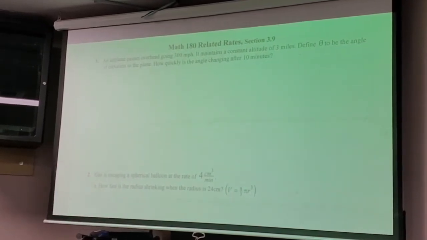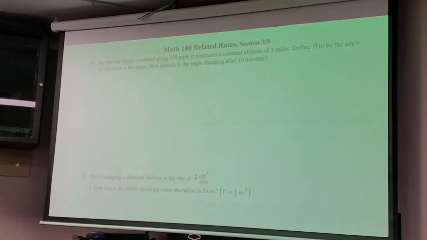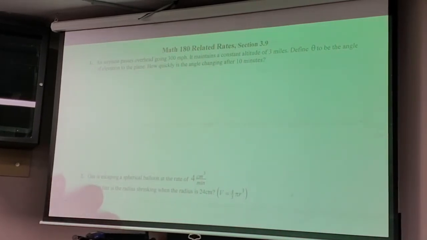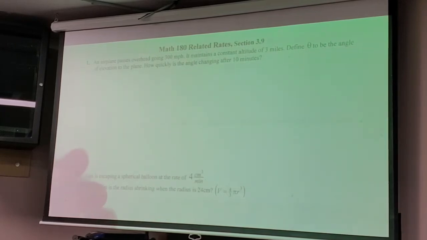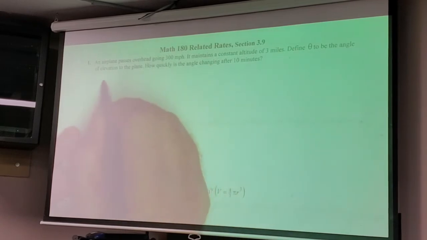All right. I love the first problem, it really jumps into it. So read the first problem real quick. Let's see if you guys get the idea. All right, so at one point, it's right overhead.